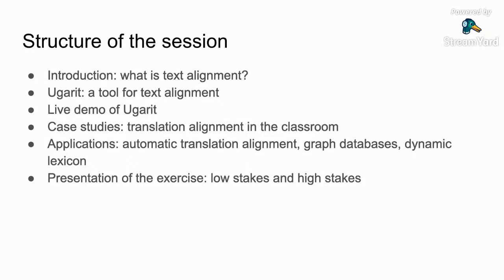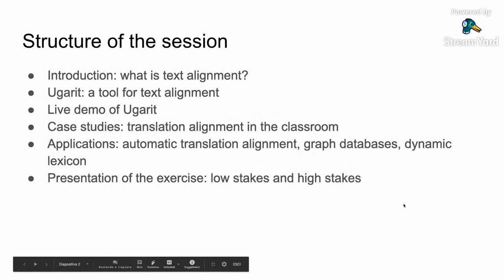So I'm going to talk about what is text alignment first, and to set up a couple of fundamental concepts that we're going to use throughout the session. I'm going to show you how to use our tool, which is called Ugarit. And then I'm going to talk about how we use Ugarit in a couple of sessions in the classroom to teach and to deal with a variety of languages, more specifically with pre-modern languages.